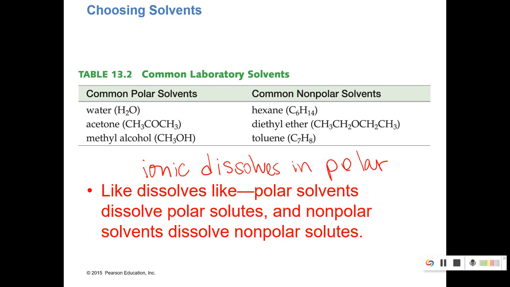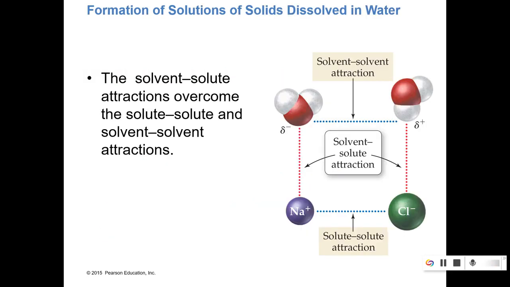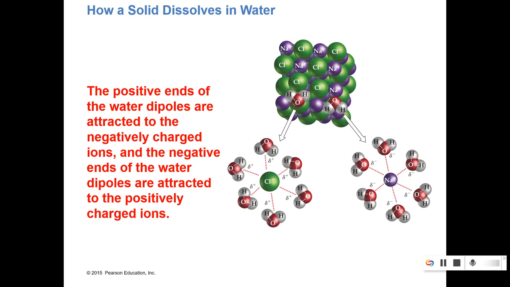Really, ionic is so polar that they separated, so ionic is very similar to polar. They're just legitimately in different pieces versus polar compounds, which are together still. If you don't remember how to find polarity, you need to go back and look at chapter 10 where we discussed polarity.